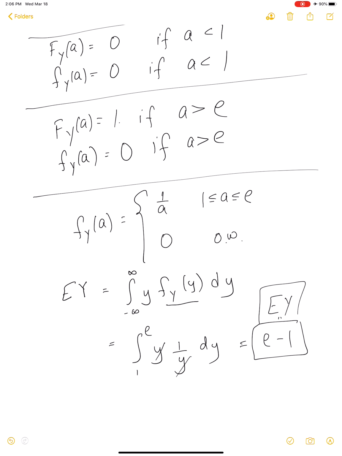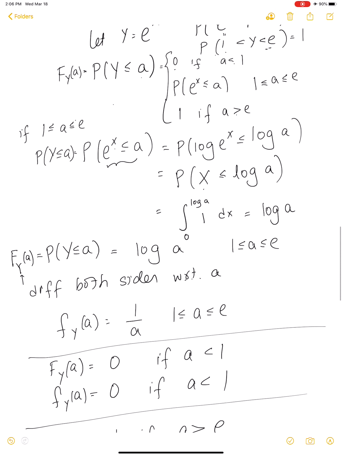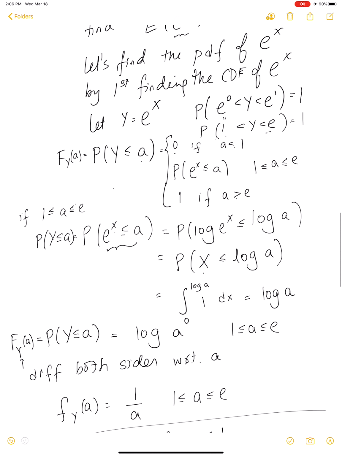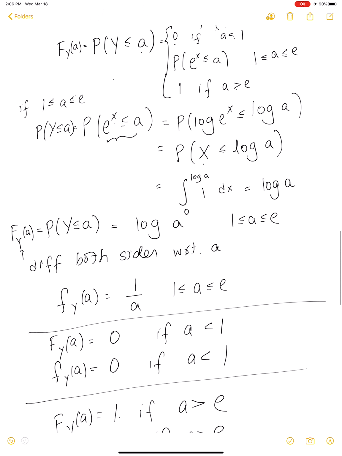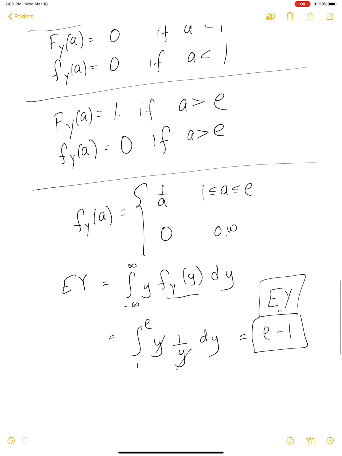So, to find the expected value of y, what did we do? We first found the cumulative distribution function of y, then we differentiated it, found the density of y, and then we used the formula for the expected value using the density, and we found the expectation of y. This got somewhat tedious.